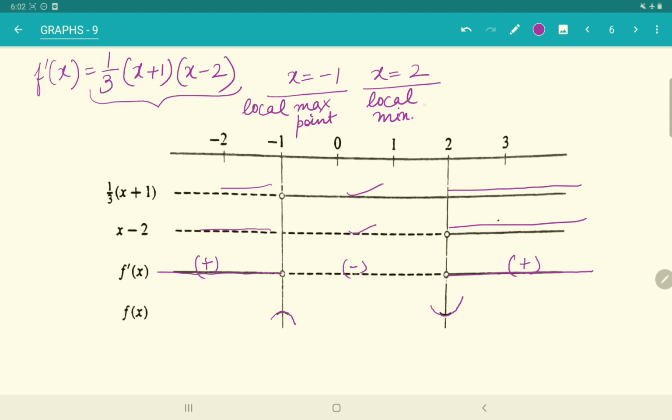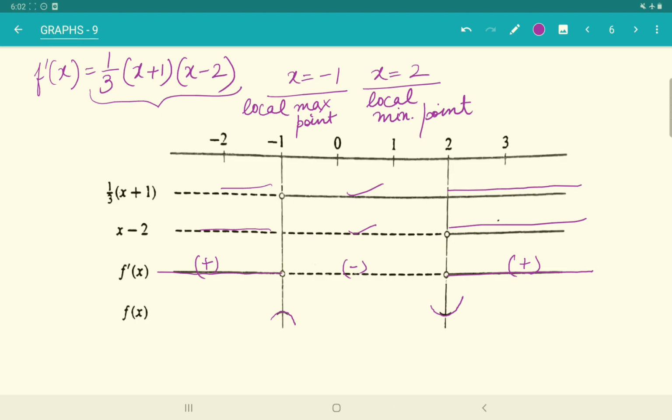So that's how we have classified the stationary points of f of x. The stationary points are x is equal to -1 and x is equal to 2. We have now classified them. x is equal to -1 is the local maximum point, x is equal to 2 is the local minimum point. We have applied the first derivative test.